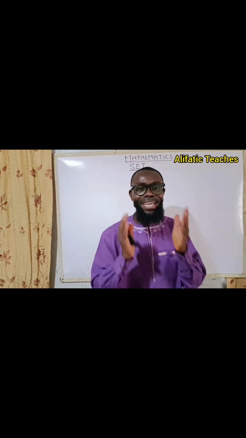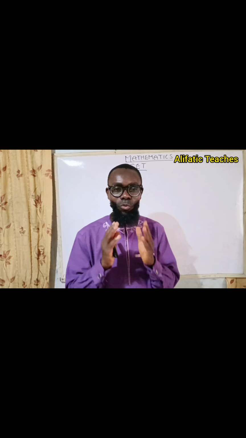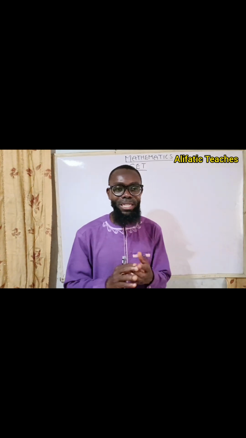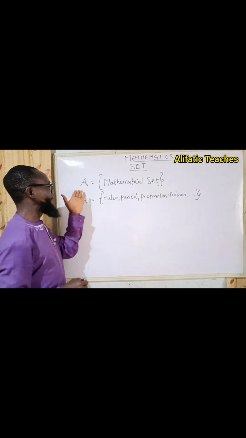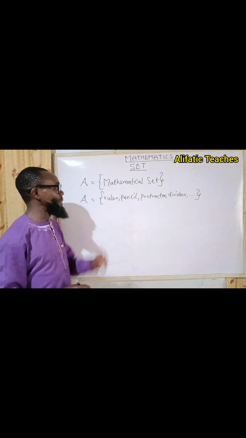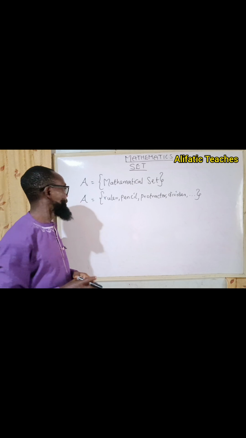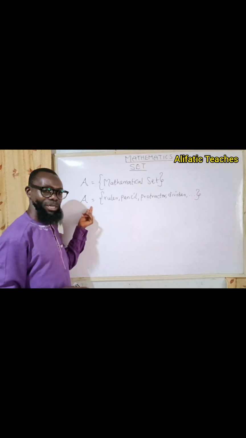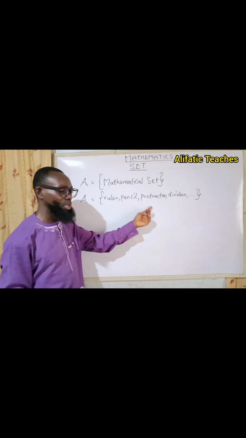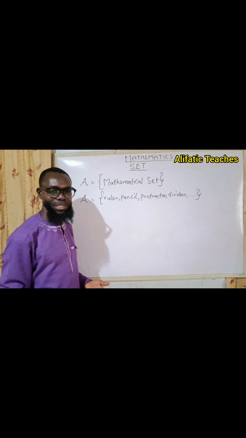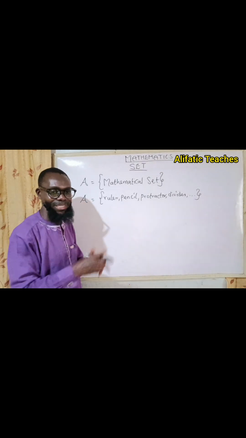So in this case, a set is denoted with a capital letter, while the members of that set are denoted with small letters. Look at this. Set A is a mathematical set. This A contains ruler, pencil, protractor, divider, compass, and so on in it.